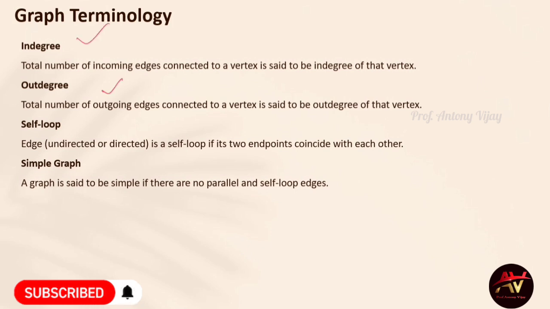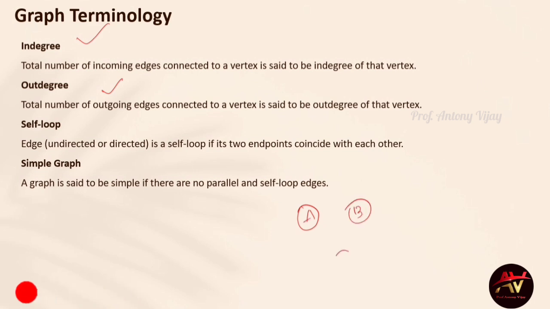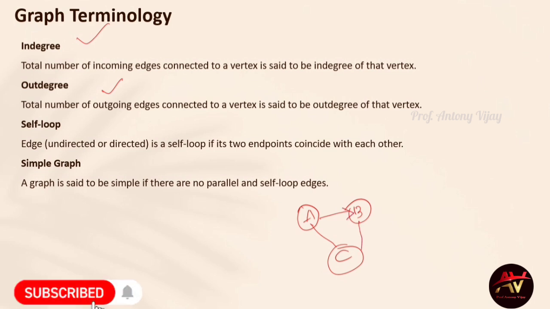Okay, so generally speaking, degree means, for example, A, B, C. I am drawing a graph like this. It is better to draw it directional.